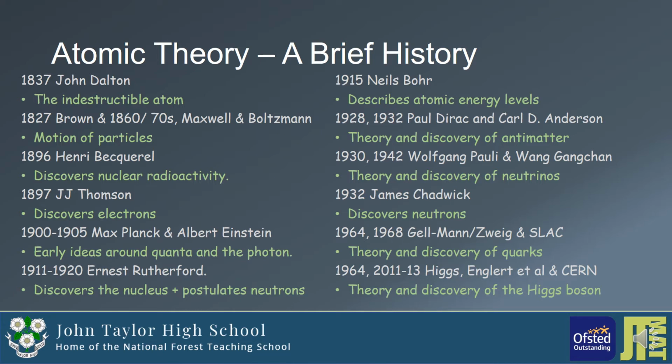Since then, particularly in the last century, there's been a huge amount of work done in this field and some very rapid advancements. It is a field that is still very much at the forefront of physics today, with new particles being discovered, different ways they can be used, and different things they can tell us about the world around us and even further the universe and how that formed.